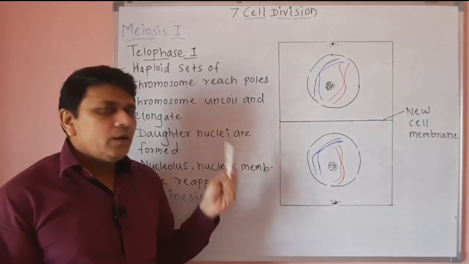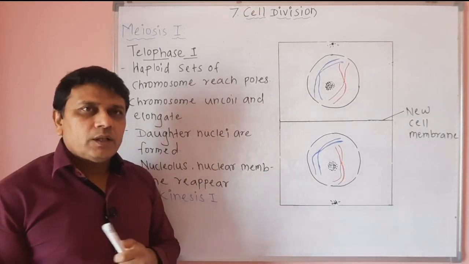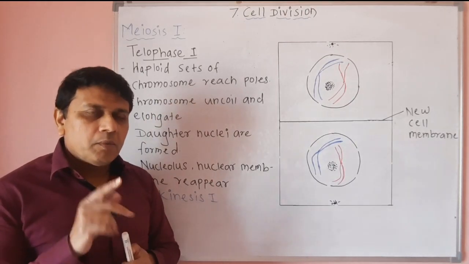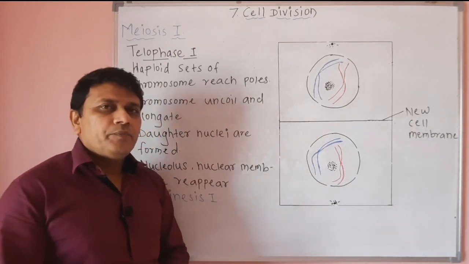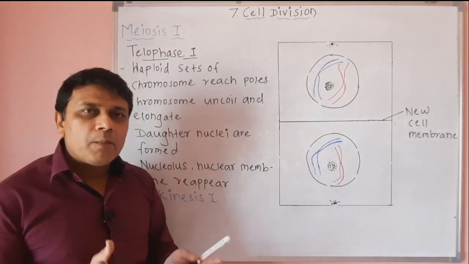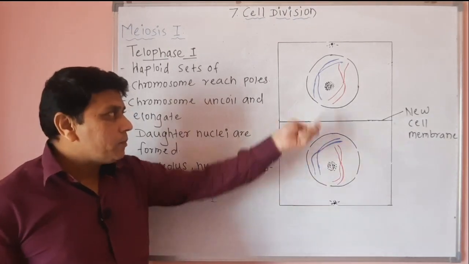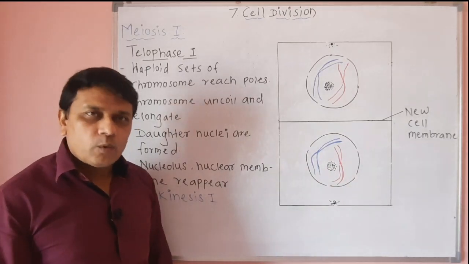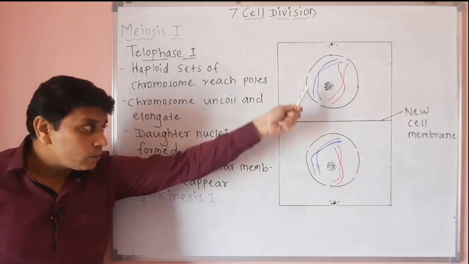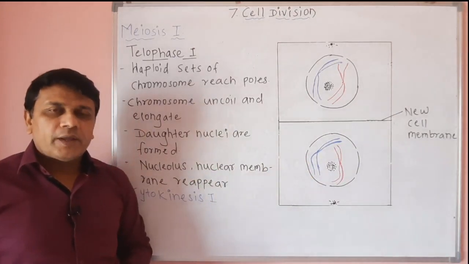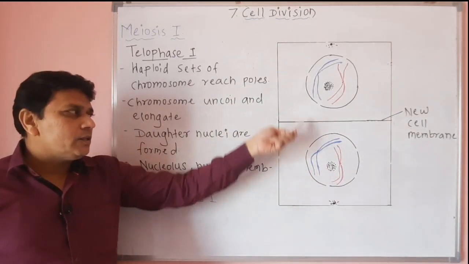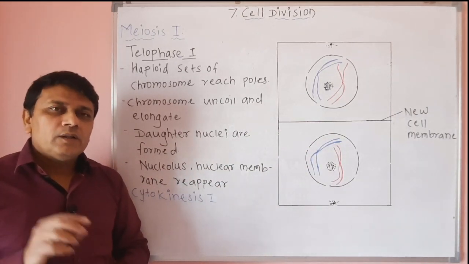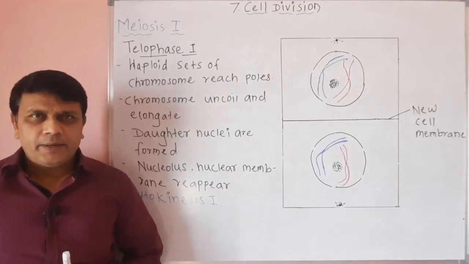In the parent cell there were a total of 4 chromosomes, or 2 sets, but in the newly produced cells the chromosome number has been reduced to half. That means each cell has received only 2 chromosomes, or only one set of chromosomes. Hence 2 haploid cells are produced, and as these newly developed cells are not similar to the parent cell in chromosome number, the division is called heterotypic.